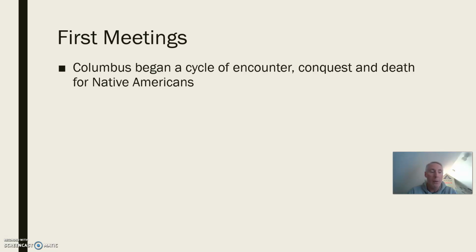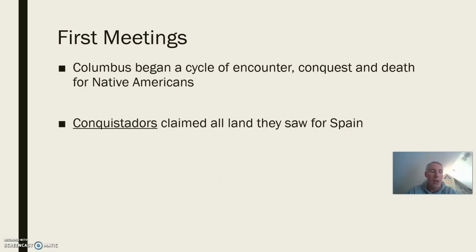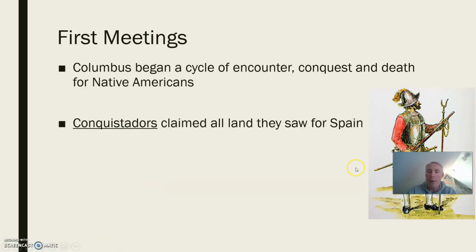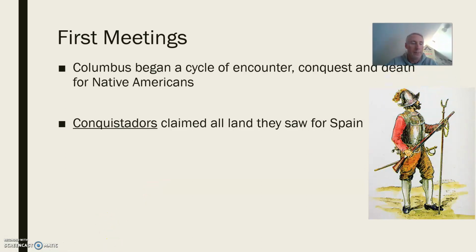After he returned to Spain with stories of riches of the New World, many other conquistadors set off for fame and fortune. Now, conquistadors, known for their distinctive helmets, there they are, is a term for Spanish conquerors, which really tells you why this time period should be called the Age of European Conquest rather than European exploration.